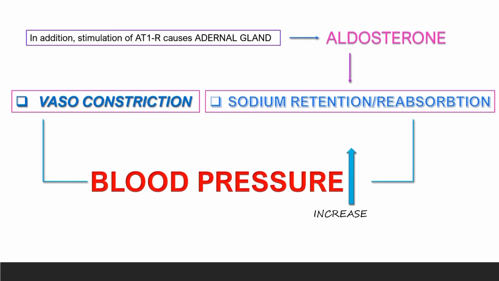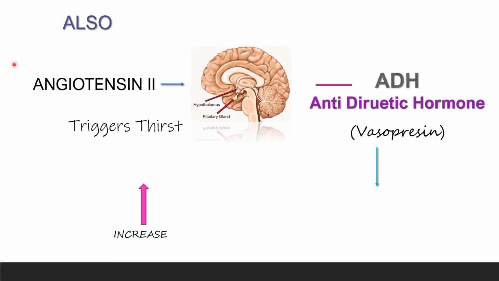There is also another mechanism: angiotensin 2 triggers thirst, and it also creates a desire for more sodium in the body. It acts on the hypothalamus and pituitary gland of the brain to produce antidiuretic hormone, ADH, which is vasopressin.